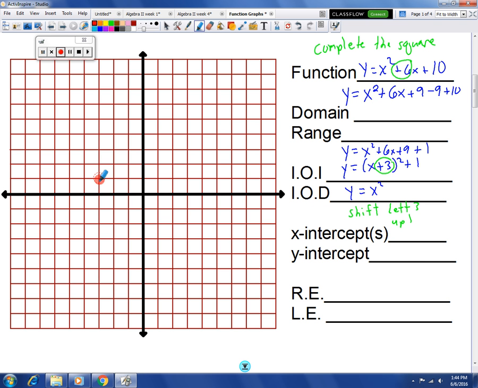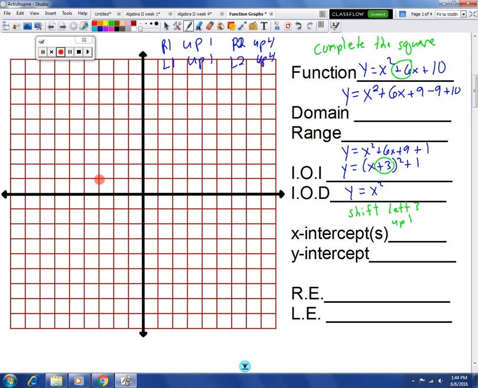Now we could of course use x equals -b over 2a. It works fine. In front of the x squared is a 1, so again, I can use this classic graphing technique: right 1, up 1, left 1, up 1, right 2, up 4, left 2, up 4.